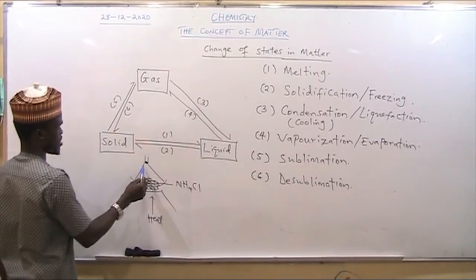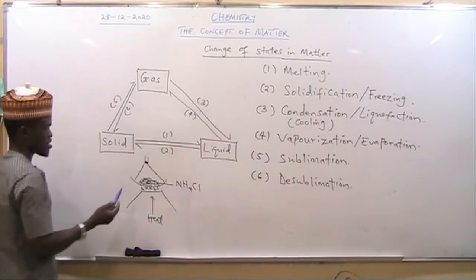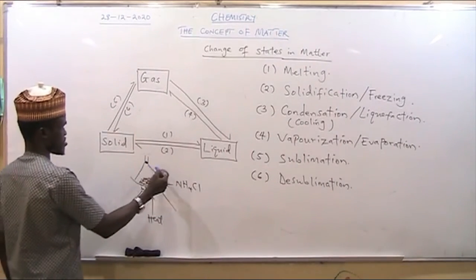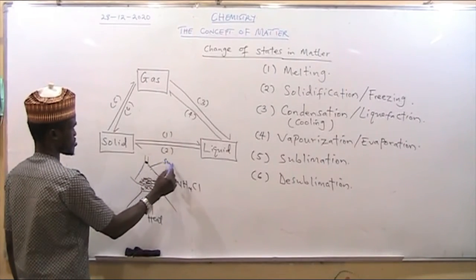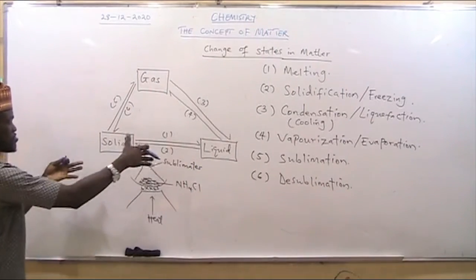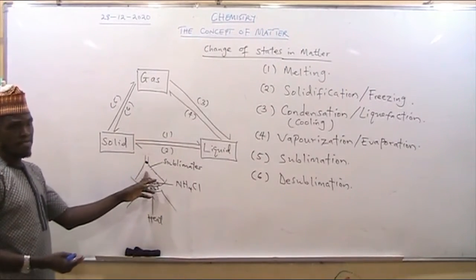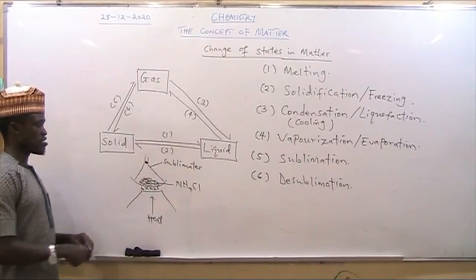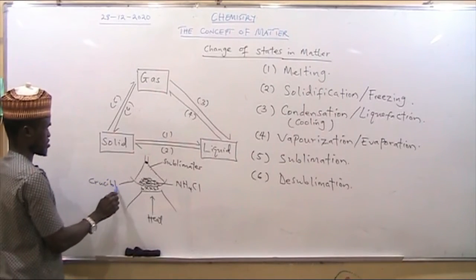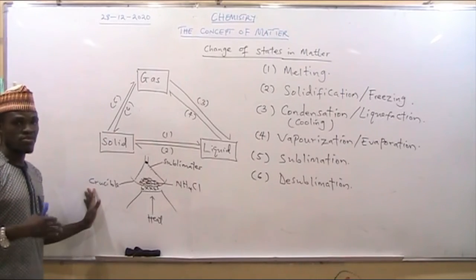At the end, you get to have some deposits of ammonia and hydrochloric acid present here, which we refer to as sublimates. The sublimate will be deposited by the side of the inverted funnel. The inverted funnel should be made of glass, not plastic, to prevent it from melting while heating. So this can be your crucible. You have to be very careful. Remember, we use crucible in the lab when we are dealing with strong heating.